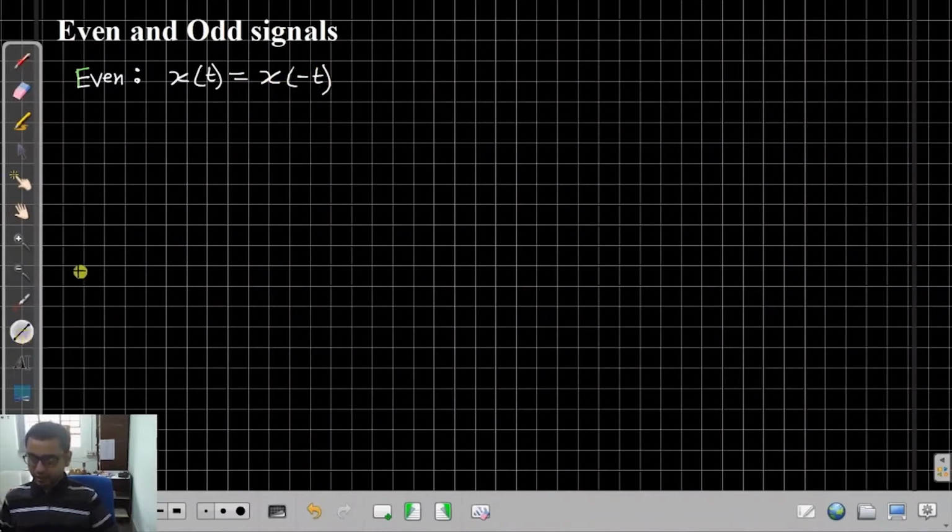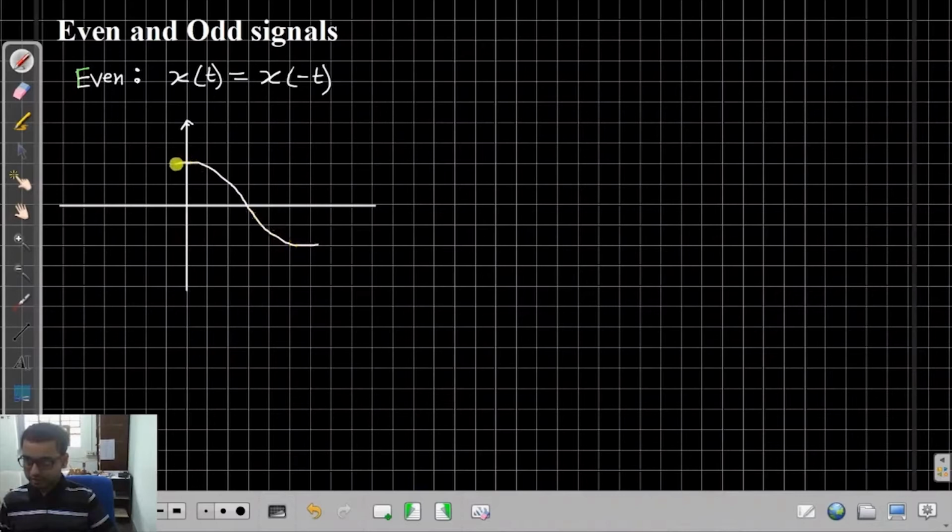An example of such a function, a very common function, is cosine t. A cosine function will look like this.